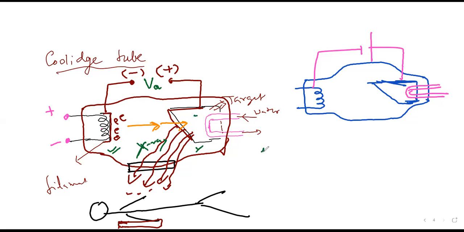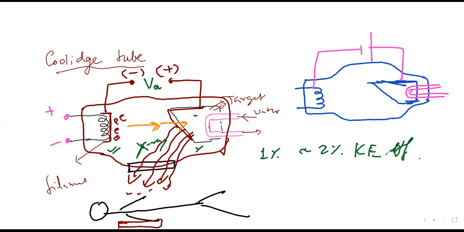Now, interestingly, hardly 1% to 2% of the kinetic energy of the electron beam is used to produce X-rays. These electron beams have kinetic energy due to this high potential difference, but only 1% to 2%. The most efficient X-ray machine will give you 2%.